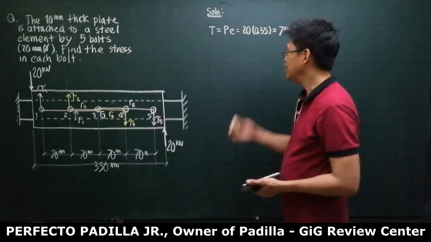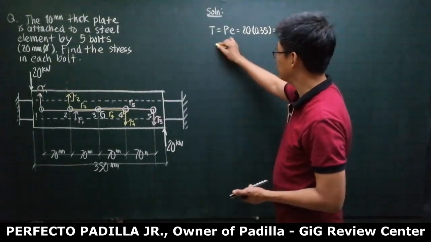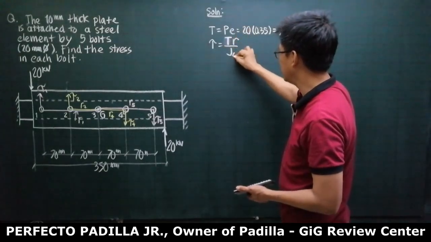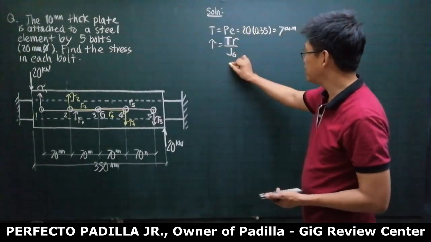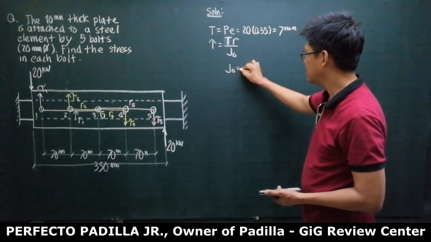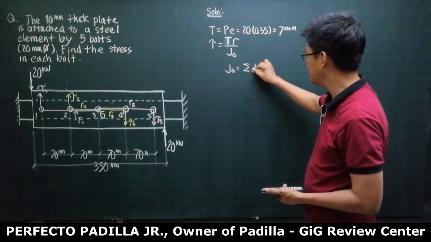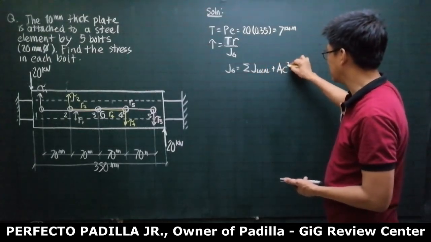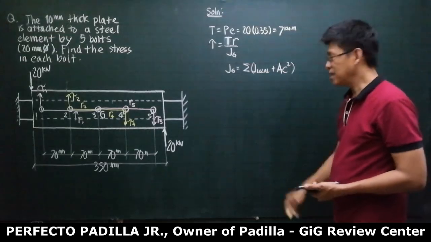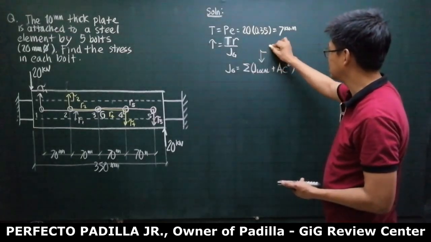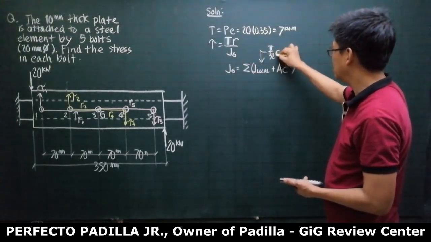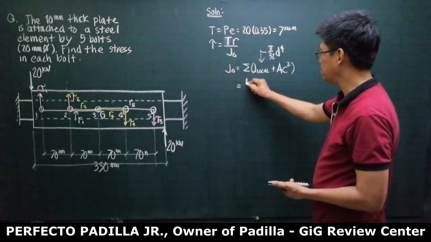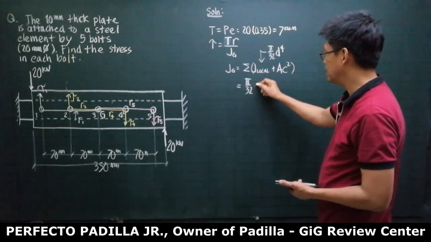Okay? So, computing the stress, we know that stress is what? TR over J global. Let me first solve the J global. The J global is summation of J local plus area distance squared. And our J local is pi over 32 d to the fourth. So let me solve it. So this is going to be pi over 32 d to the fourth.